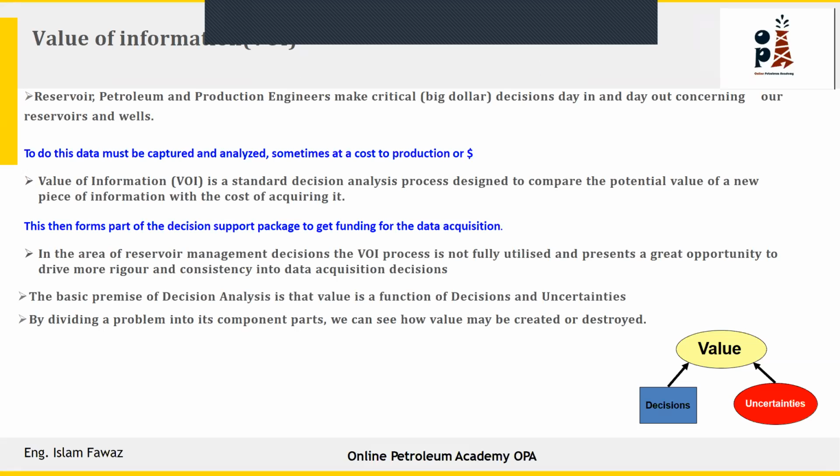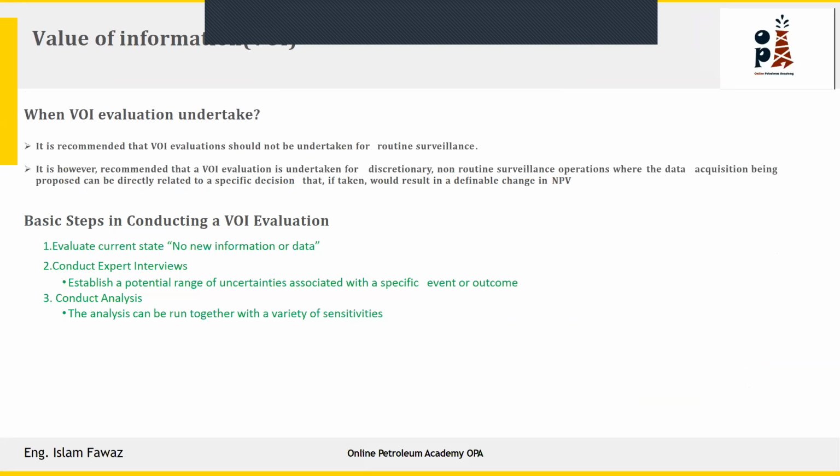When you have big uncertainties, we define the problem into compartments, and we can see how the value may be created or destroyed. When a value of information evaluation is undertaken, we ask for ad hoc surveillance or non-routine surveillance.